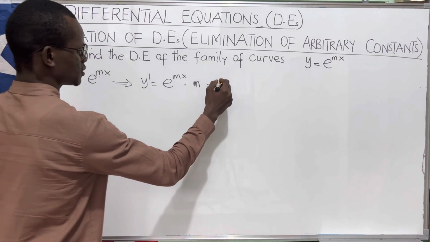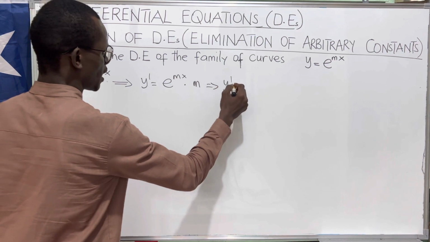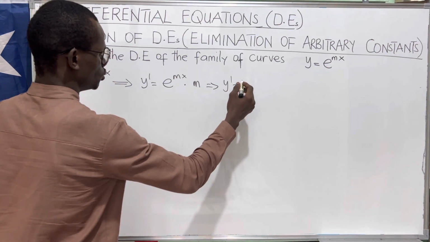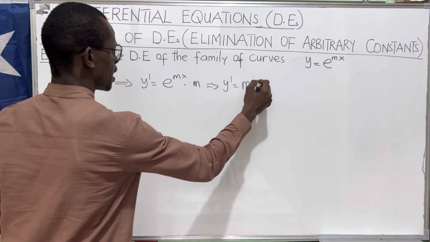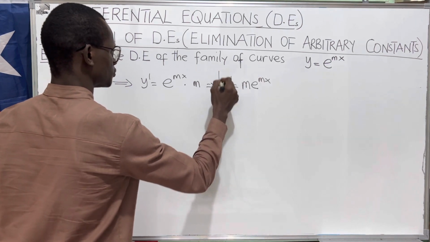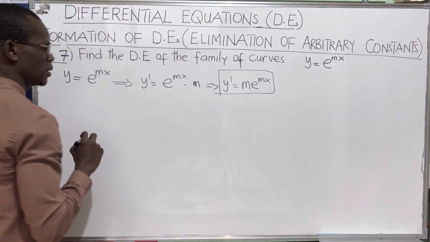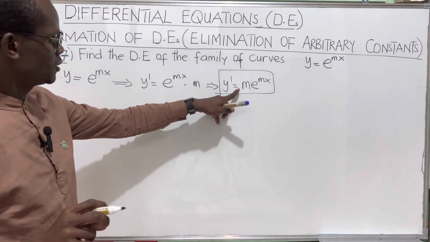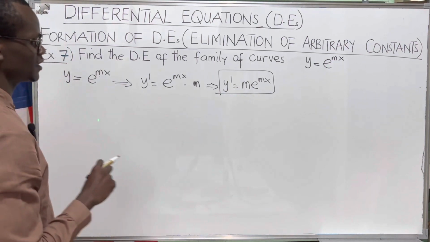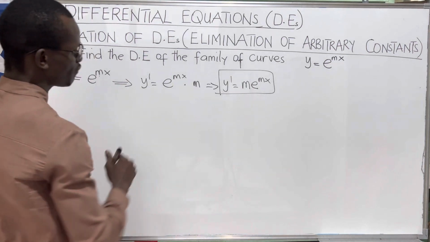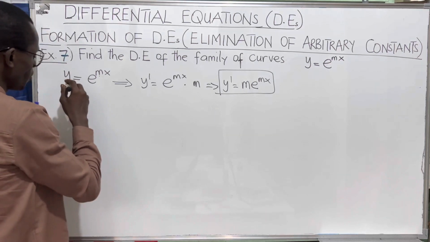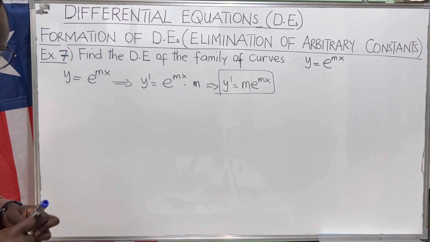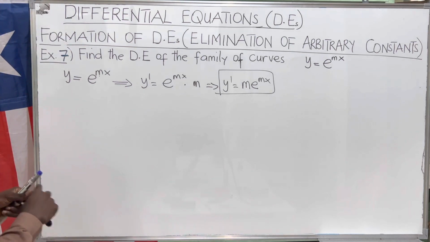So this gives us y prime equals m e raised to the power mx. But we cannot say we have gotten our final answer, because we need to solve for m. So we go back to the original equation to solve for m.